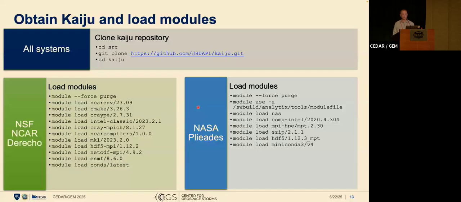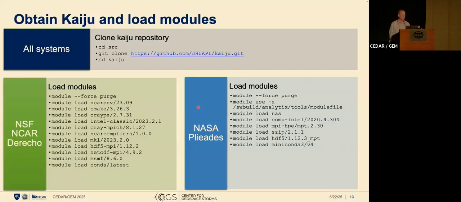Okay, once you've done the Conda environment and you're in that active Conda environment, you're going to want to get the software package and software tools to go forward. I recommend that you go into a source directory or somewhere like that. That's why I have the little cd source. That's a little variation that isn't exactly in the Read the Docs version, but the next step is doing the git clone of the Kaiju repository.